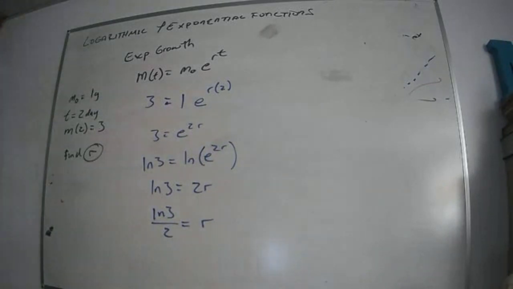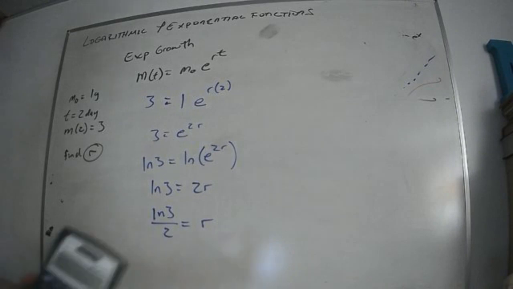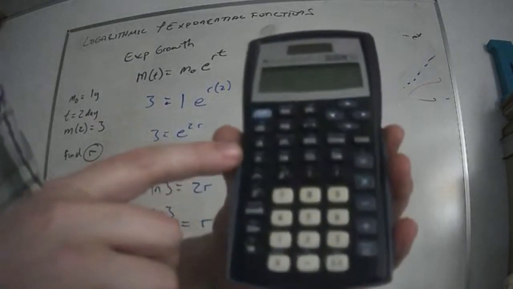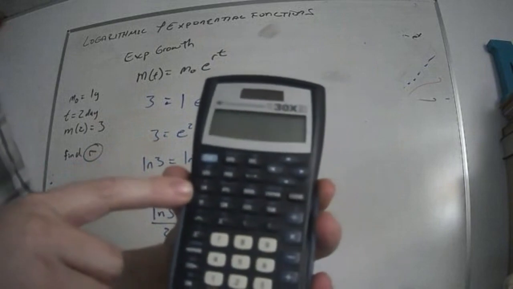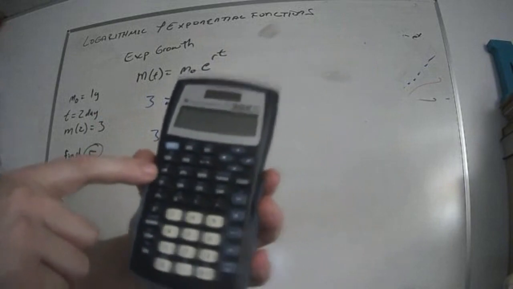Now I can grab a calculator and try to plug in the natural log. So certainly, even a scientific calculator. I don't know if you can see it here. Right there is the natural log button, and if you were to hit second, it would become the exponential button.